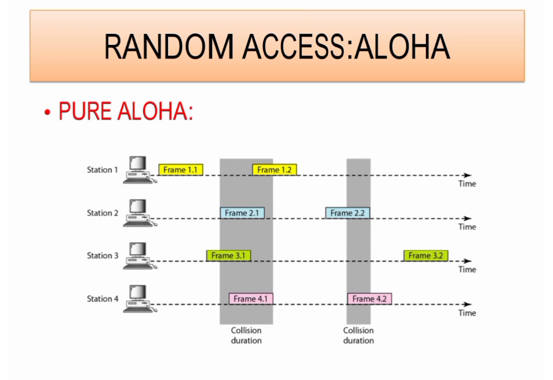That means the ending of the first frame and the starting of the second frame are colliding with each other. So the time where the collision can happen is 2 times the frame transmission time, right? So this is called the vulnerable time, which is 2 times the frame transmission time.